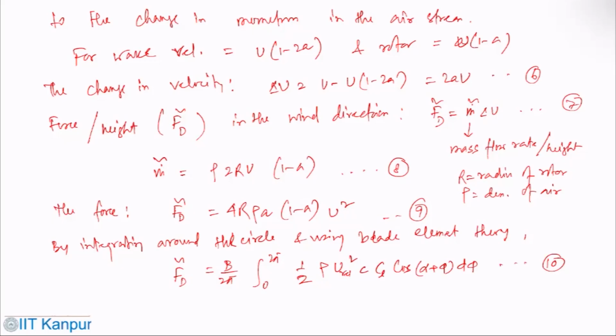Here B is the number of blades and CL is the lift coefficient.